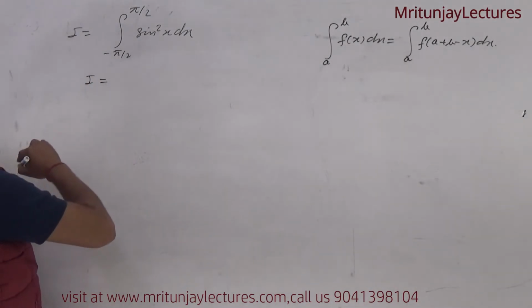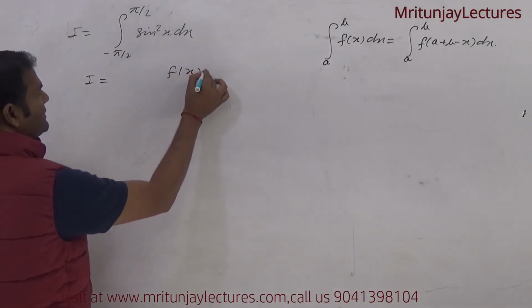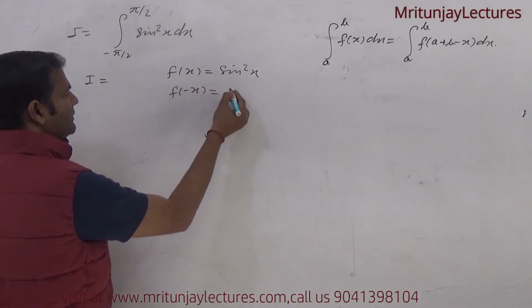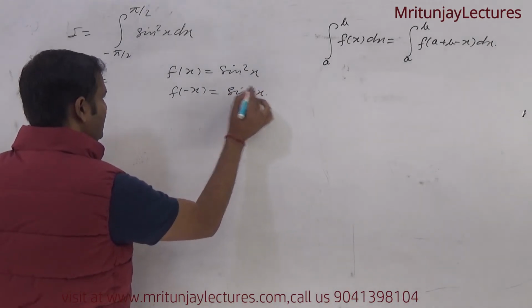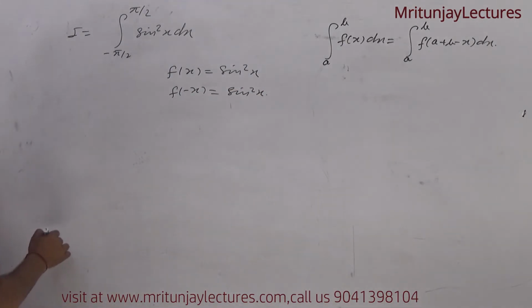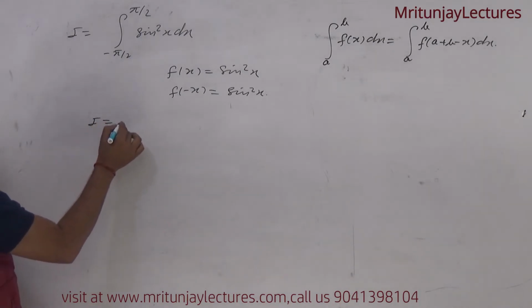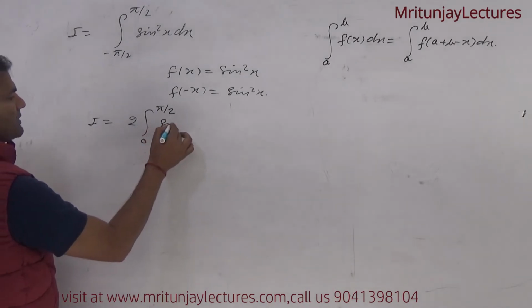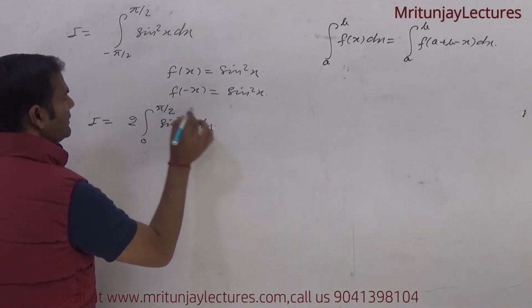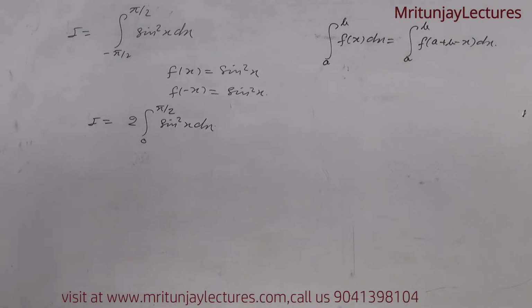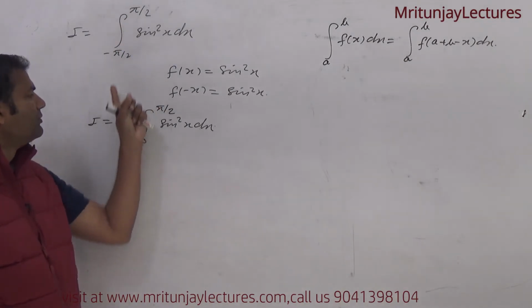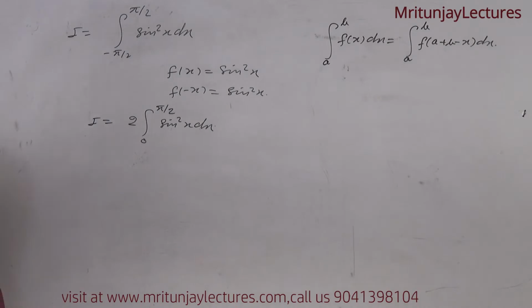Now here f(x) equals sin²x, and f(−x) is the same, meaning it is an even function. So according to property number 5, it is 2 times the integral from 0 to π/2 of sin²x dx. Since f(x) is an even function, it is written as 0 to π/2, 2 times this one.